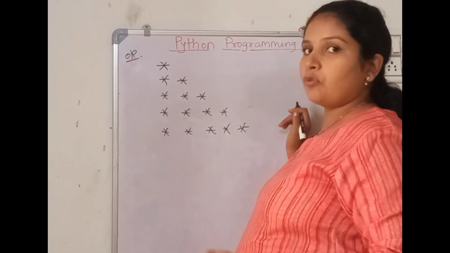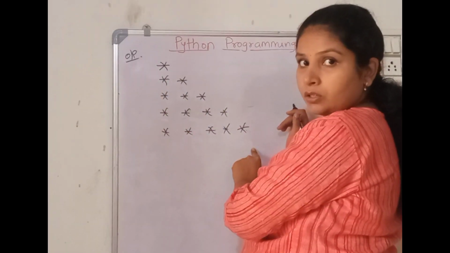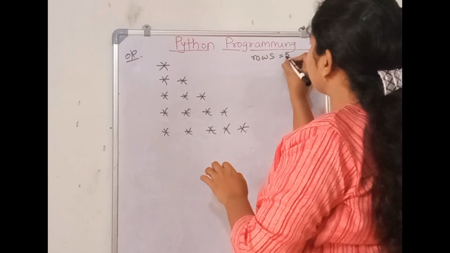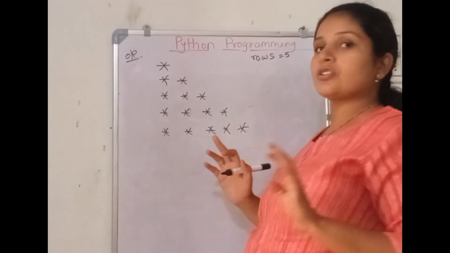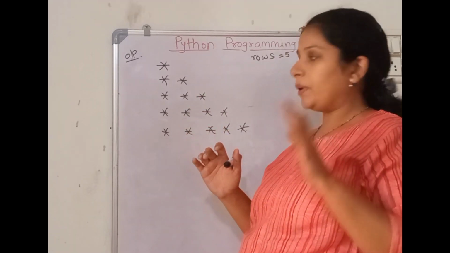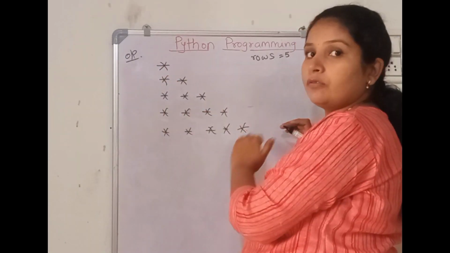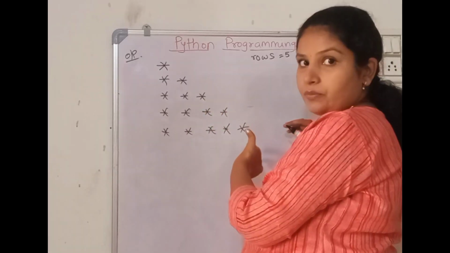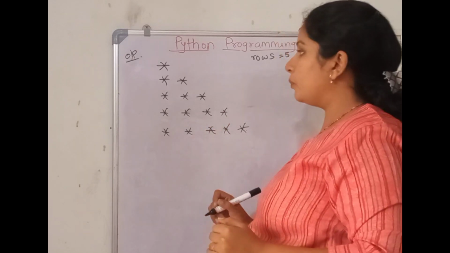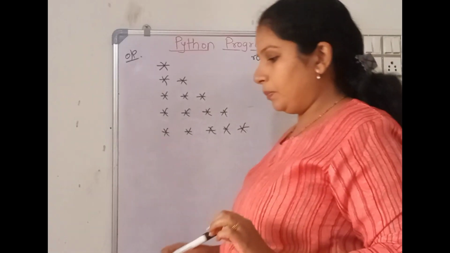Here I am taking 5 rows: 1 2 3 4 5. So in this example your rows value will be 5. I am taking this just for understanding the logic. Once you understand the logic, you can prepare the program for as many rows as you want. Here these are the 5 rows and 5 columns. So note down this output and then we'll start with our program. The only thing you need to consider is how many rows you are going to implement.